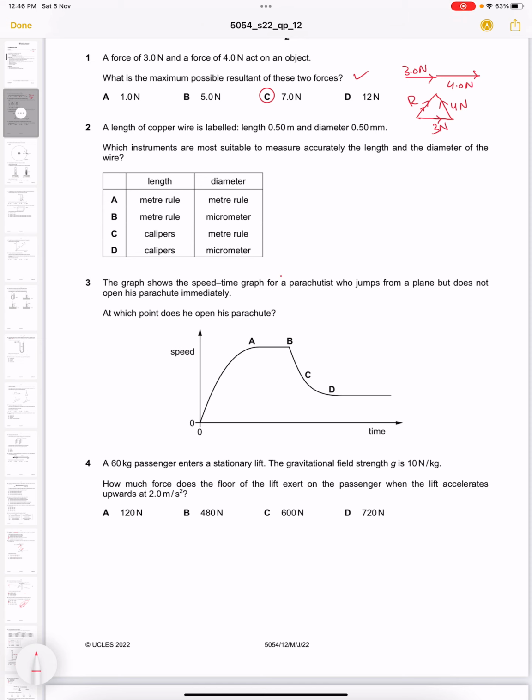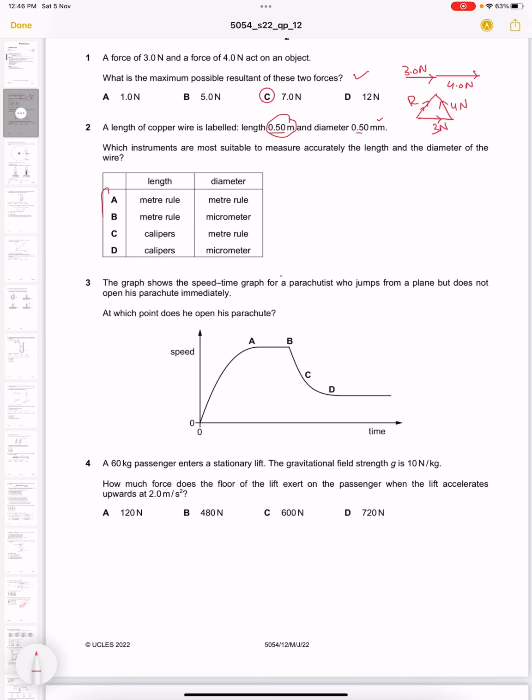Okay, question 2. A length of copper wire is labeled length 0.5 meter and diameter 0.5 millimeter. Which instruments are most suitable to measure accurately the length and diameter of the wire? Since the length is 0.5 meter, half a meter, whenever we have to measure a length of 1 meter or less and the unit is given in meters, the suitable instrument is the meter rule.